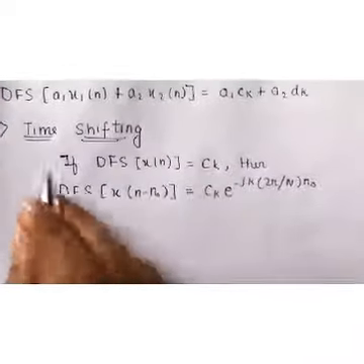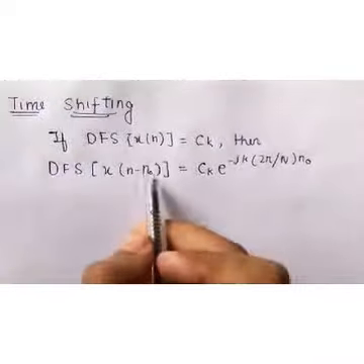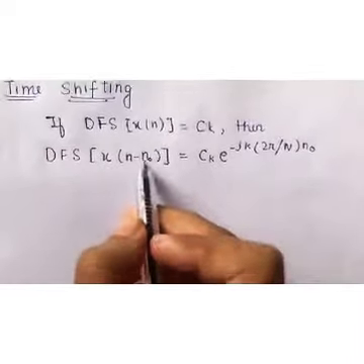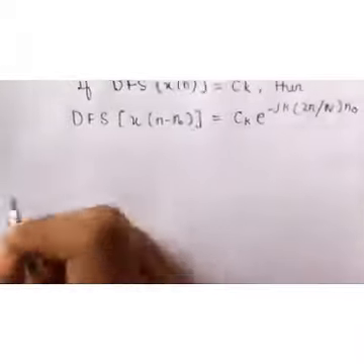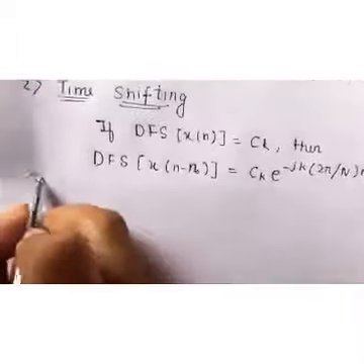So that's the time shift. It says that if we shift by n0, then there is an exponential term there.